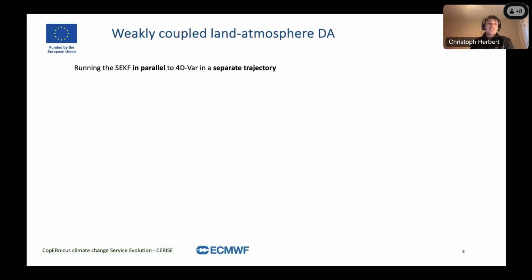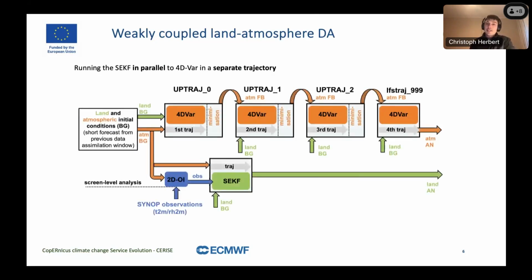So just to give you an idea of how the weakly coupled system we are at the moment looks like, we're running the SEKF essentially in parallel to the 4D-Var. We have separate coupled trajectories, which is the coupled model. And this is a very busy graph here, but I just wanted to get you focused on what's happening.